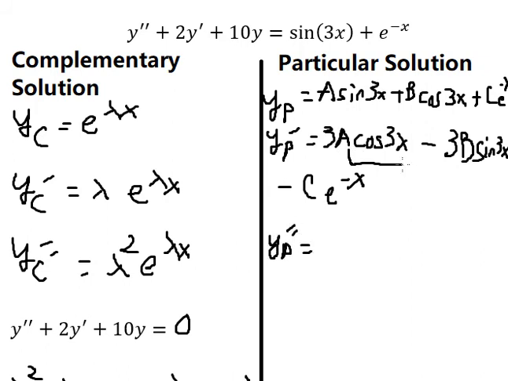So this one, we have negative 3 sine 3x. We have number 3 in here, so we have negative 9a sine 3x. This one, we have negative 3b, or negative 9b cosine 3x.